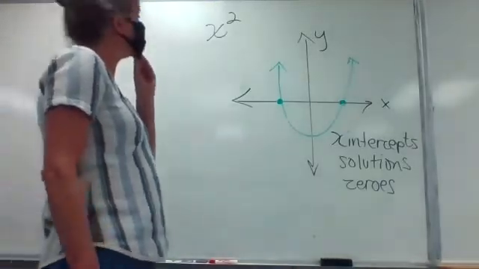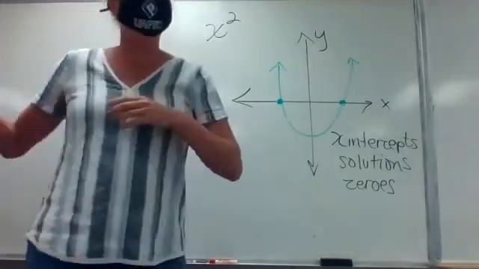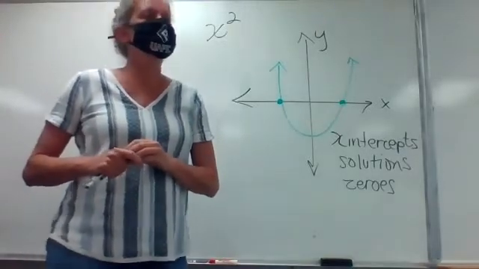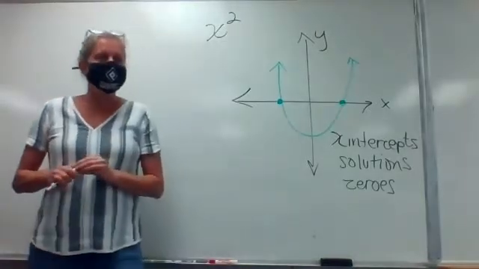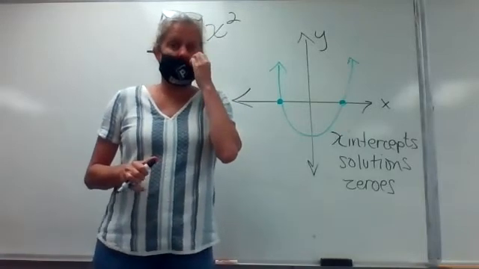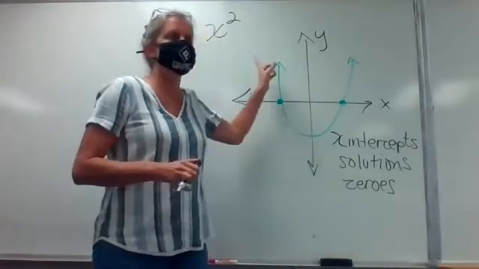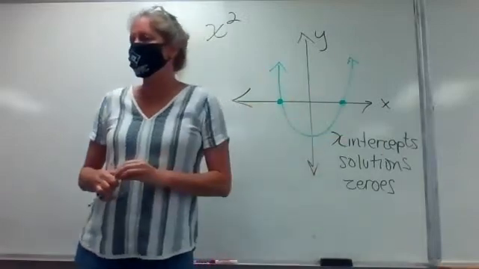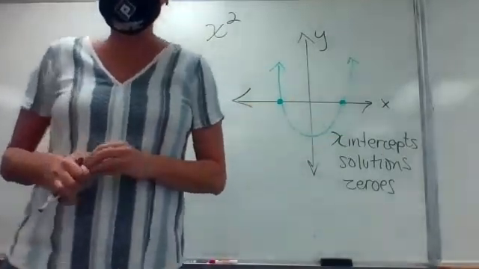Instead of solving this by graphing, which we're going to do some on Wednesday, we're going to find the solutions algebraically by using our algebra skills, and then we'll use our graphing skills on Wednesday to do the same type of thing.